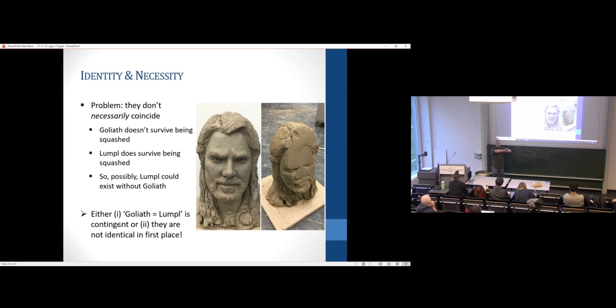In the case where they perfectly overlap, they're identical. In the case where we drop the statue and Lumpel's around and Goliath isn't, they're not identical anymore. But that's the problem with the diachronic identity. Well, the nice thing is we can also think about it as a synchronic problem.